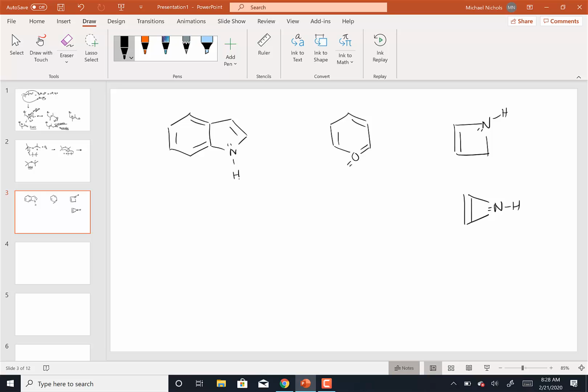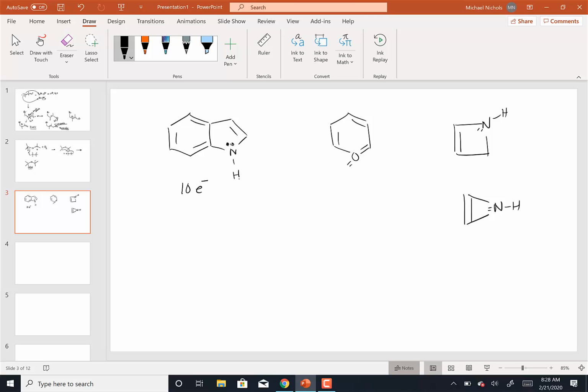What happens if the nitrogen becomes sp2? It now takes its lone pair and throws it into the pi electrons. So if the nitrogen becomes sp2, this lone pair automatically becomes part of the pi system. And if it becomes part of the pi system, how many pi electrons do I have? I've got 10.